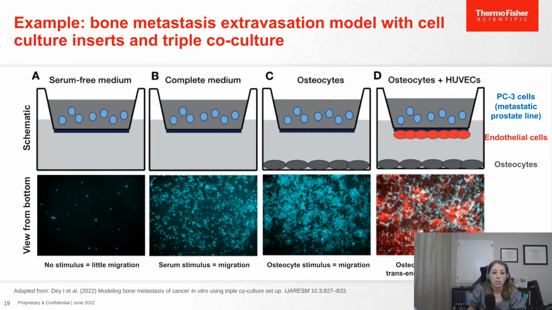Again, the osteocytes are used as the chemoattractant, and amazingly, you can see by the blue on top of the red in the bottom image that not only do the PC3 cells migrate across the membrane, but also across the endothelial cell monolayer in response to the soluble factors that the osteocytes are secreting. This experiment is also a fantastic example of how cell culture inserts can be used for co-culture experiments with a variety of cell types.